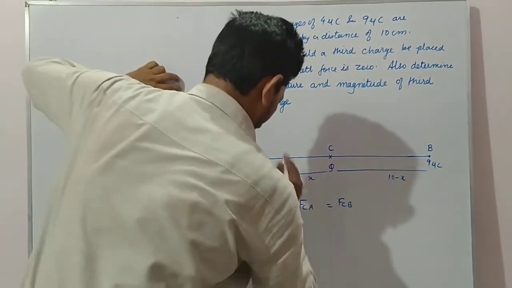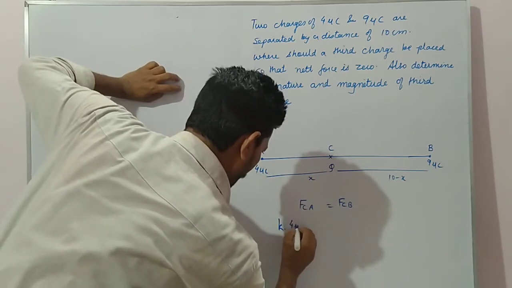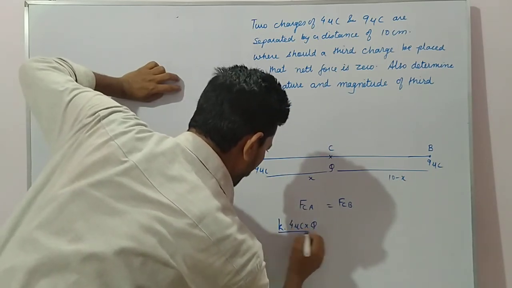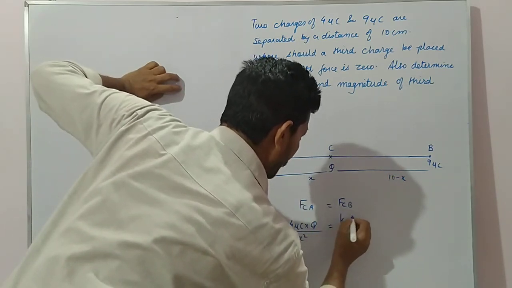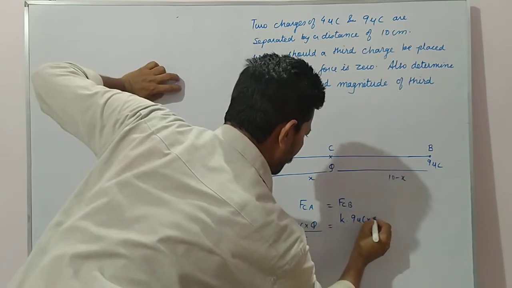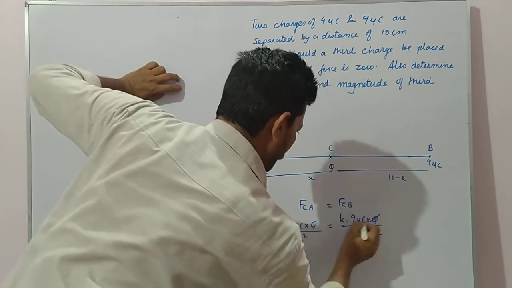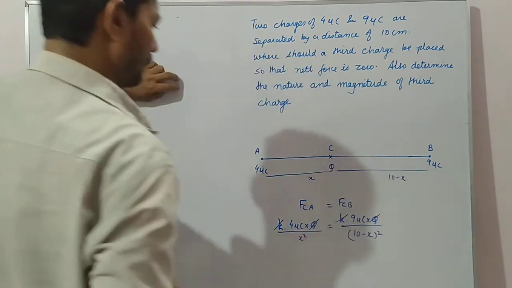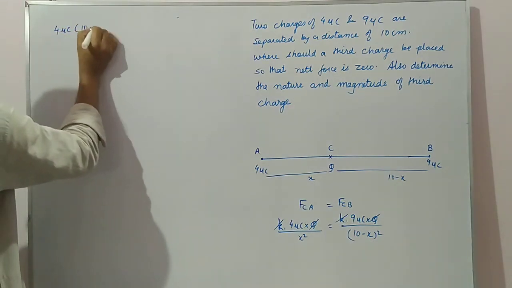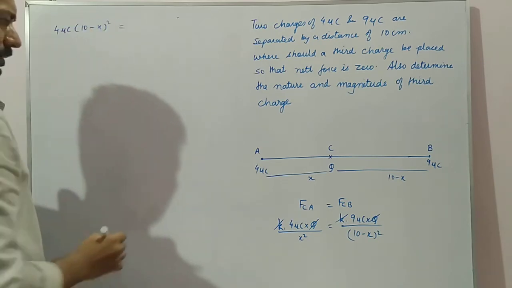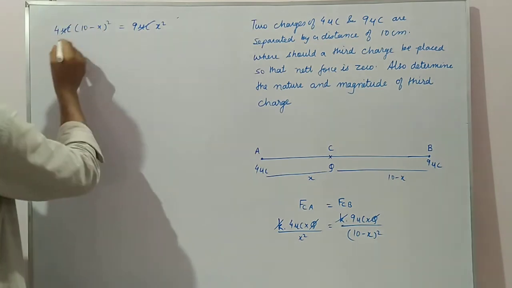So here, force, that is K, Q1 that is 4 microcoulomb, Q2 that is Q, by x square, equal to K, 9 microcoulomb, Q2 that is Q, by 10 minus x the whole square. Q and Q will cancel out, K and K will cancel out. 4 microcoulomb into 10 minus x the whole square equal to 9 microcoulomb into x square. This microcoulomb will cancel out.